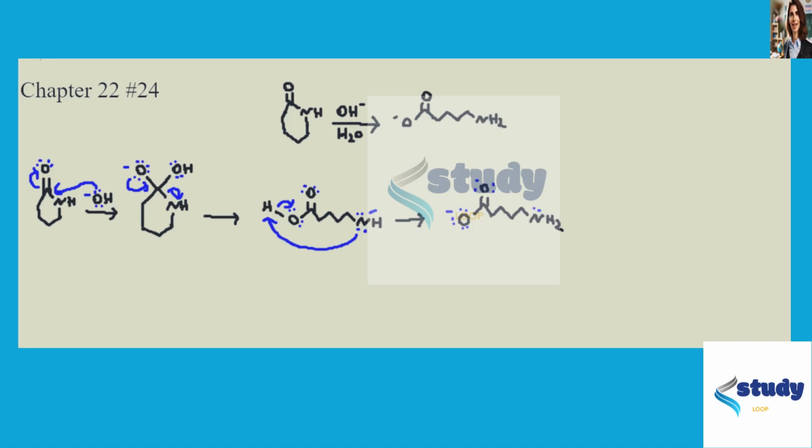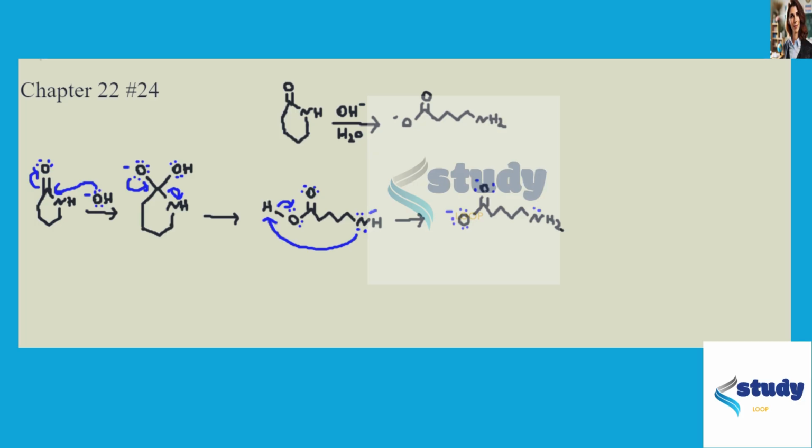So we know that we're going to end with a carboxylate ion rather than a protonated carboxylic acid because it is basic conditions. And so that's what I've drawn here. And then here at the end, we have our carboxylate ion.